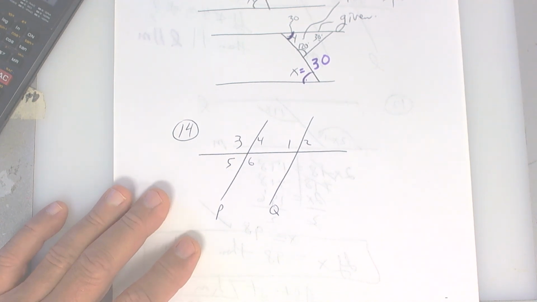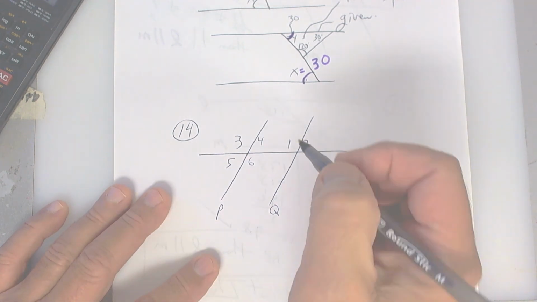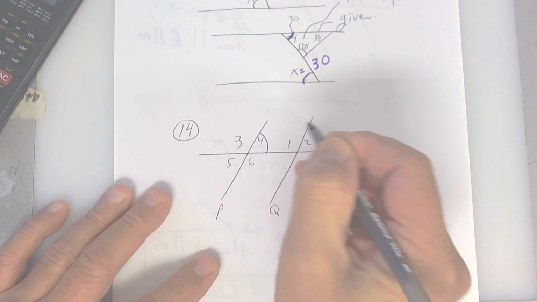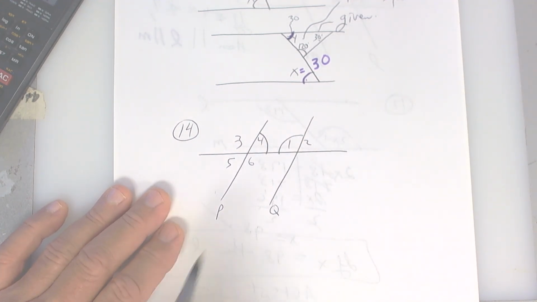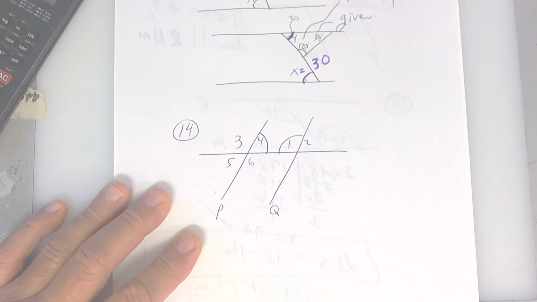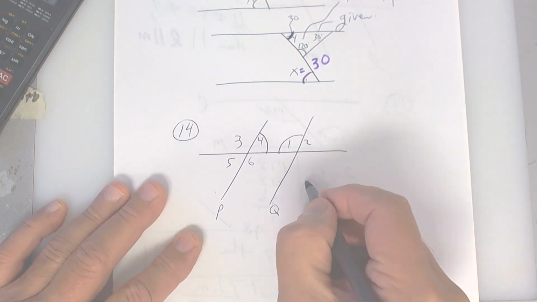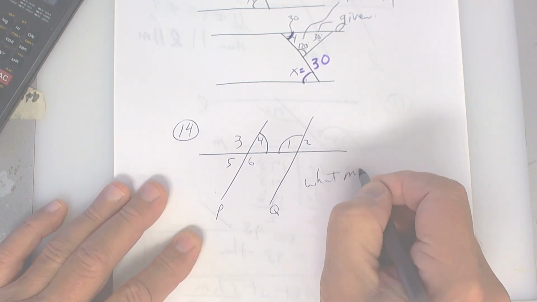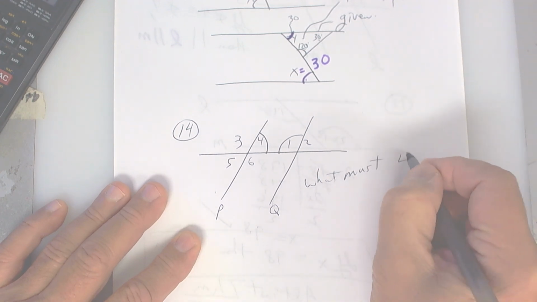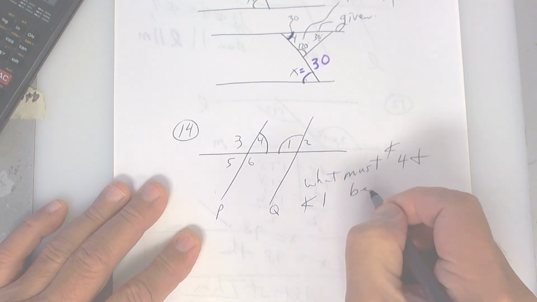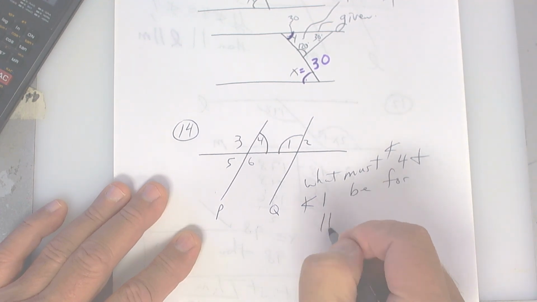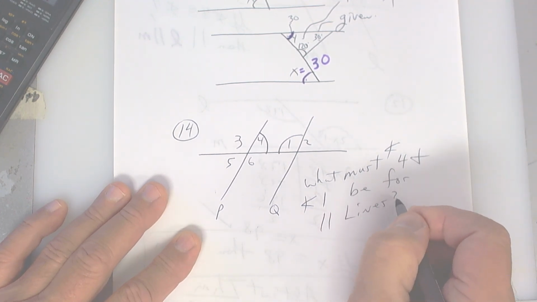So let me change it up a little bit. What does angle 4 and angle 1 have to be for these two lines to be parallel? That's the question.